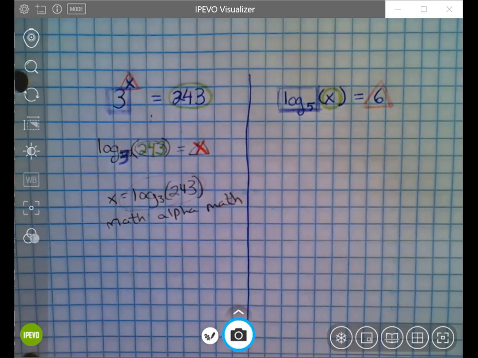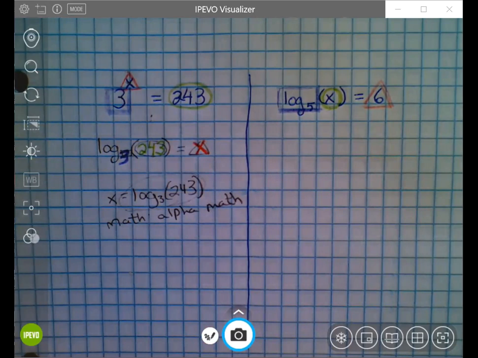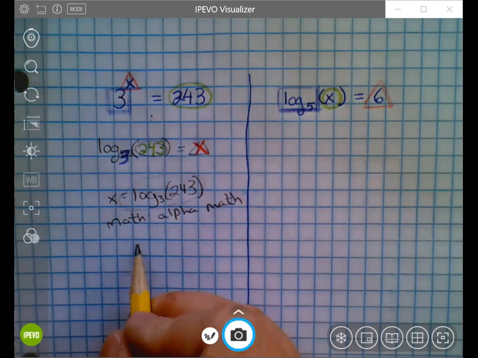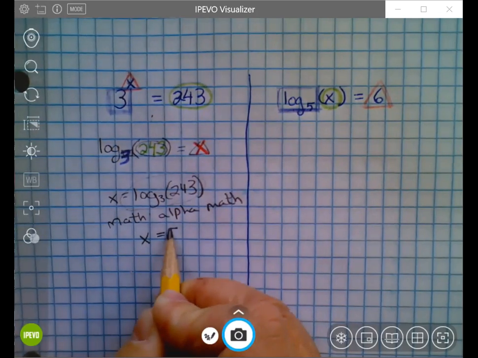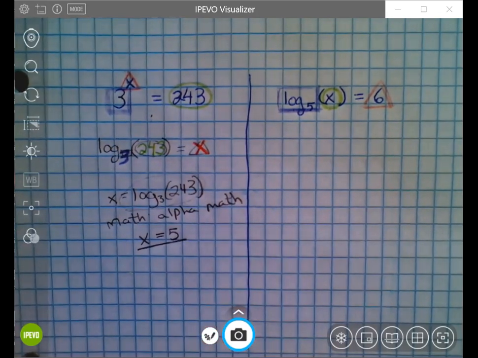The answer that you should get, stalling while I type it into my calculator, is 5. So x equals 5 in this case.